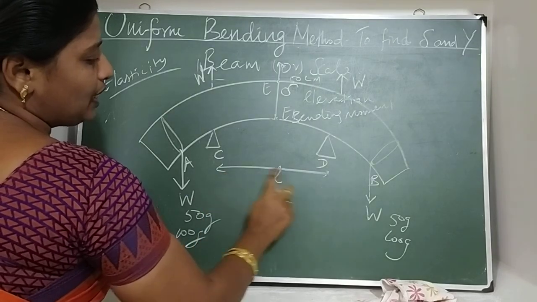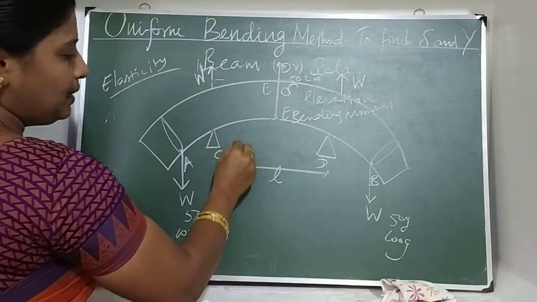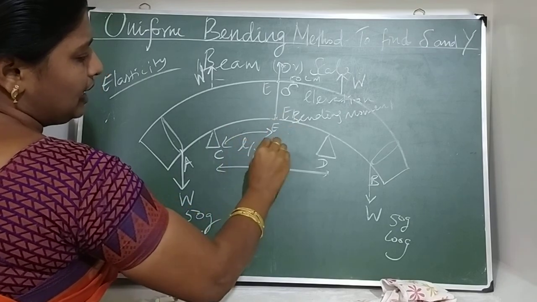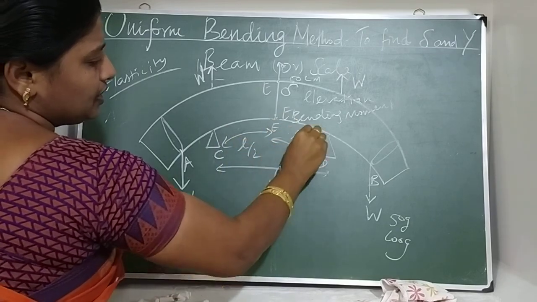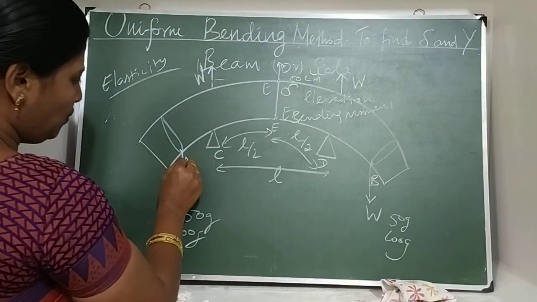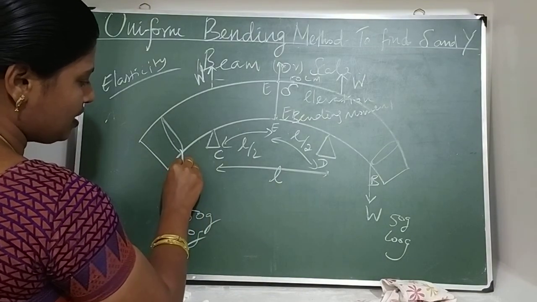The two knife edges are at distance L. The half distance from A to E is L by 2, and from E to D is also L by 2, half of the length. This other distance is unknown.